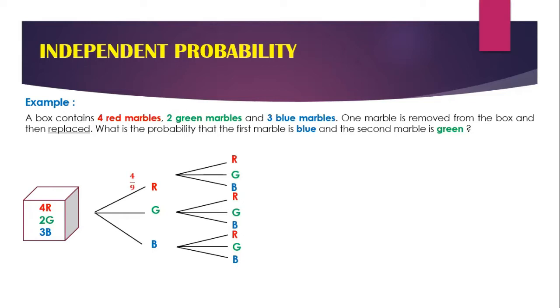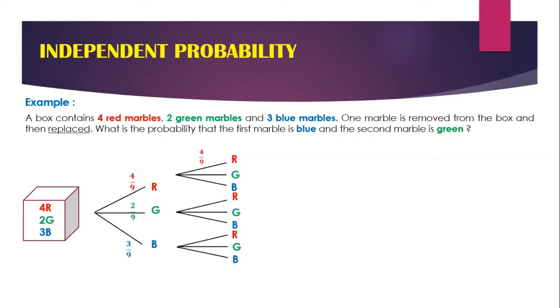So for the first pick, the probability of red is 4/9, for green 2/9, and for blue 3/9.